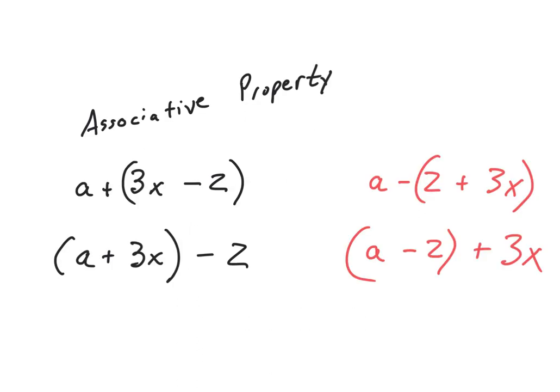The associative is one of those things. It's like, associate. Who do you associate with? Think of it like peer groups. And as long as how you associate doesn't change your identity or your value, then that fits into the associative property. So in this case, a plus parenthesis 3x minus 2. So right now the 3x minus 2 are associating with each other because they're inside parentheses.